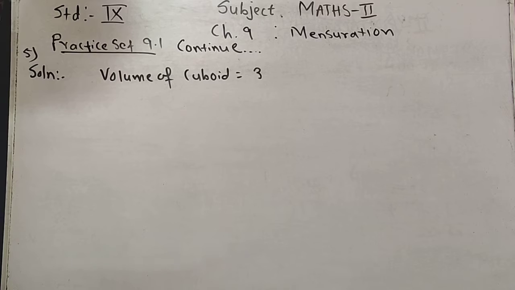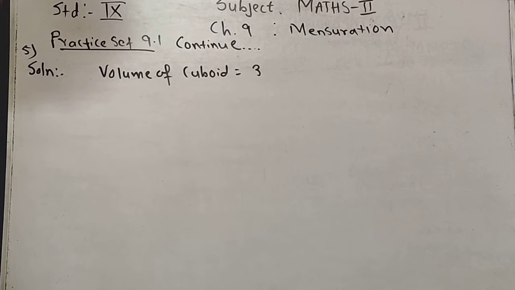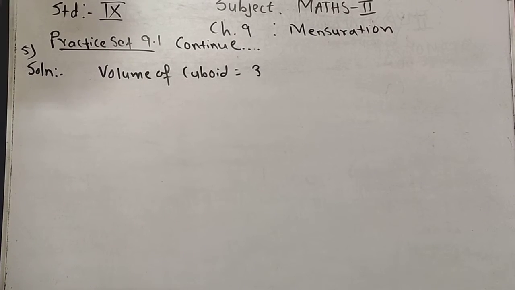So your sum number 5 is: volume of a cuboid is 34.50 cubic meter.